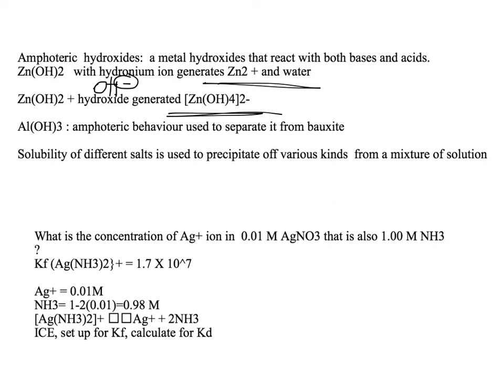Likewise, Al(OH)3 can also dissolve with the base to generate aluminate. And so realize that some metal hydroxides have the ability to behave as an acid or a base.